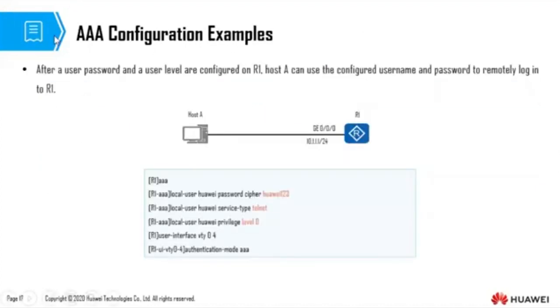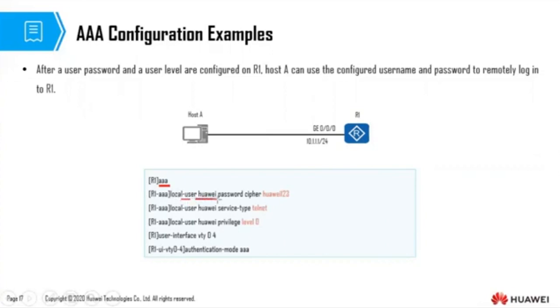So let's look at a configuration example. After user password and user level are configured on R1, host A can use the configured username and password to remotely log into R1. So you want to enable a network admin to be able to remotely log in to R1 using telnet. So to do that, you'll go into the AAA view by typing the command aaa on system view, then local user.